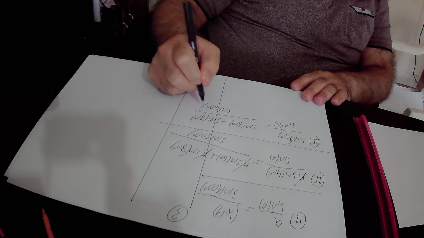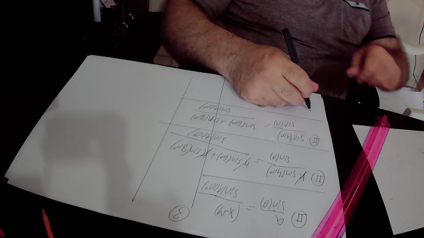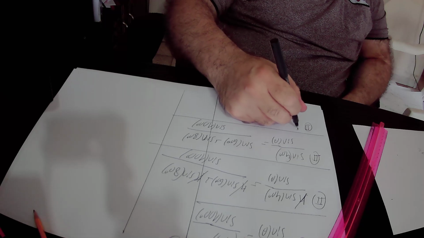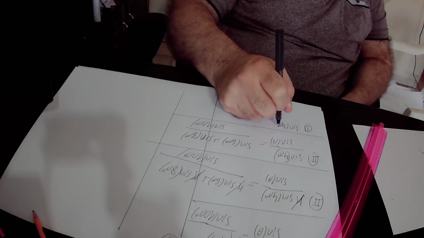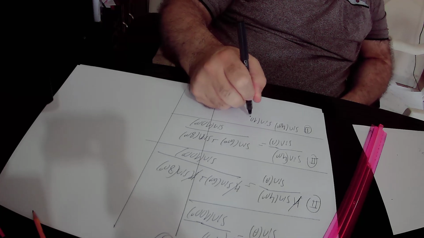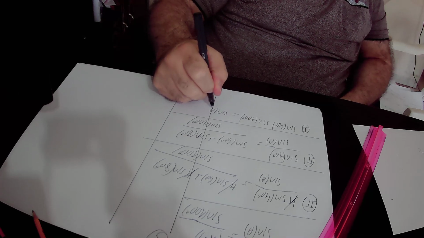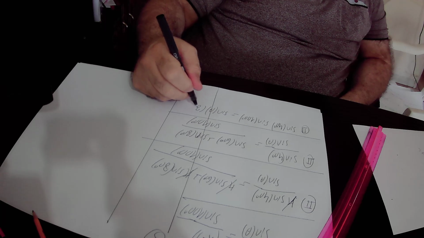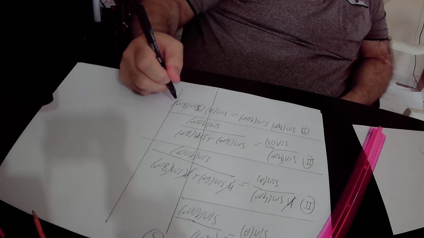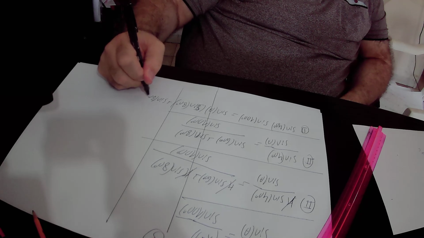So here we'll cross multiply equation number 2, and we get that sine 40 degrees times sine 100 degrees equals sine theta times sine 80 degrees plus sine 60 degrees.